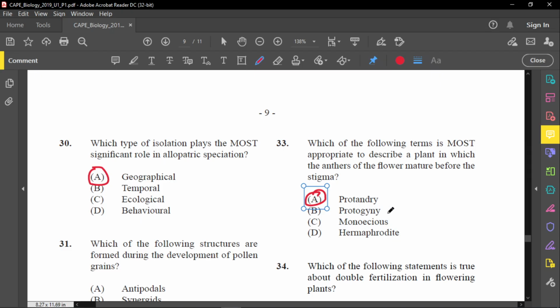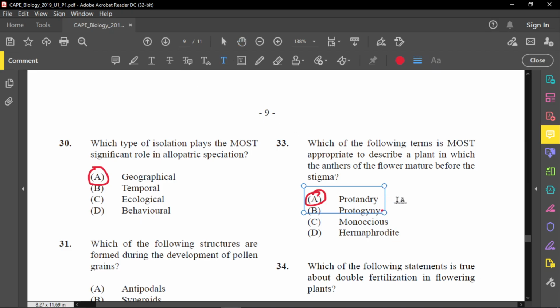In terms of protogeny, which is the opposite. Protogeny is the opposite of protandry, and protogeny is when the female part matures before the male part. Okay, so I can make a note of this. The opposite of protandry, male part. So protandry is male before female.